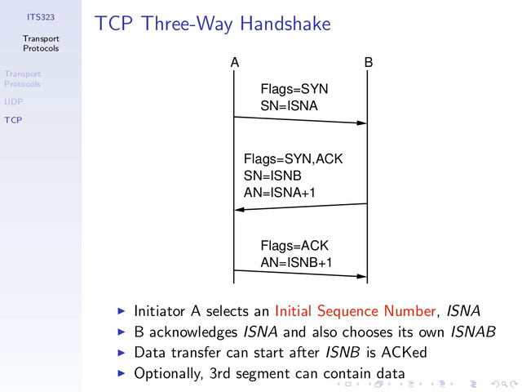Therefore, the next one would be 1442. So the ACK number depends upon the sequence number and the amount of bytes. And it means the next one we expect. That's the same as before. What's different now is that sequence numbers count bytes, not segments.